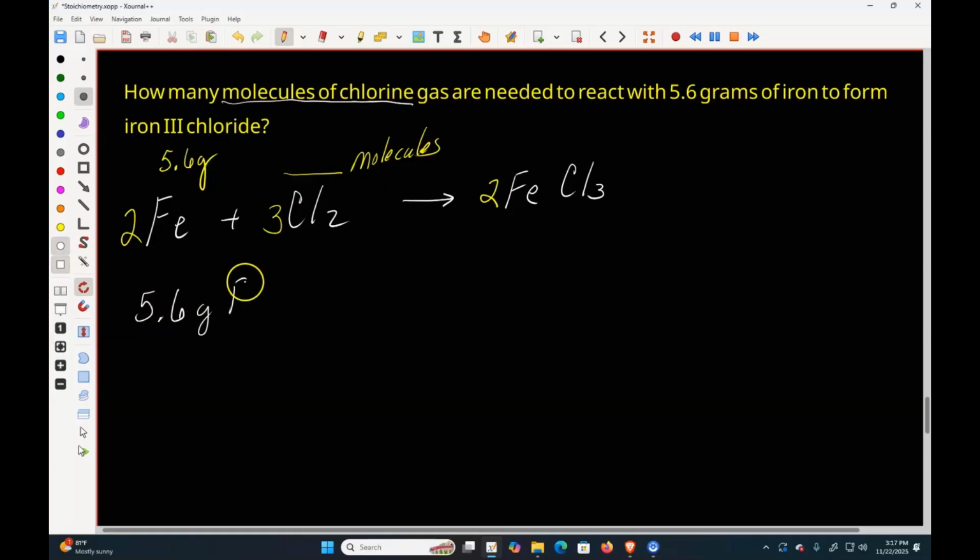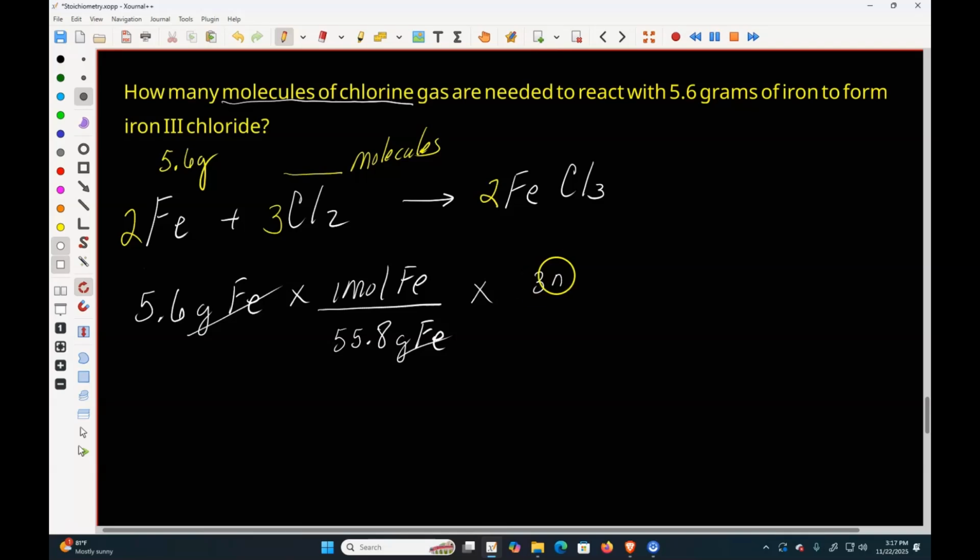5.6 grams of iron. Convert that into moles. Iron on the periodic table, I'm going to write it as 55.8 grams of iron per mole. Okay, the ratio step is 3 moles of Cl2 per 2 moles of Fe. I'm looking for molecules, so I'm going to use Avogadro's number.